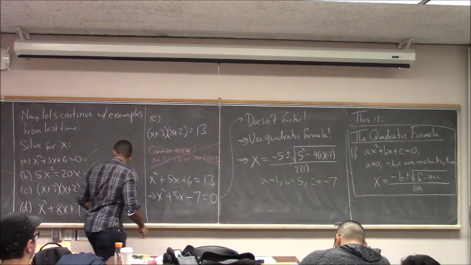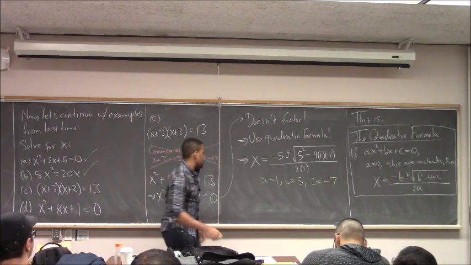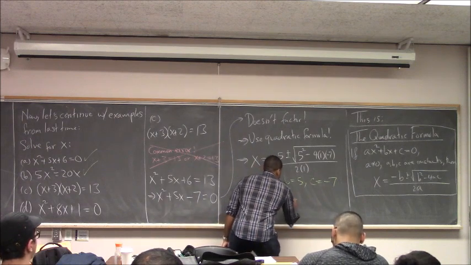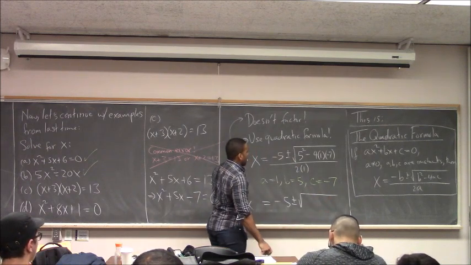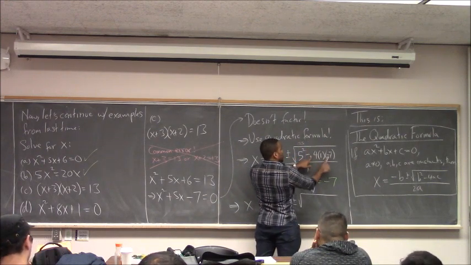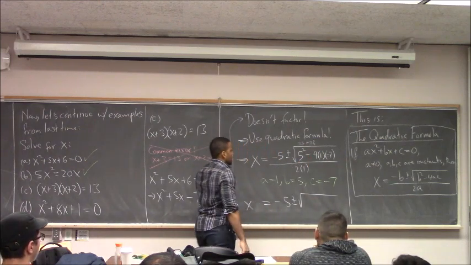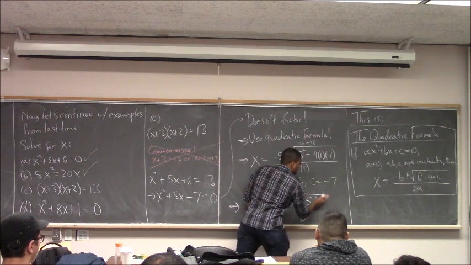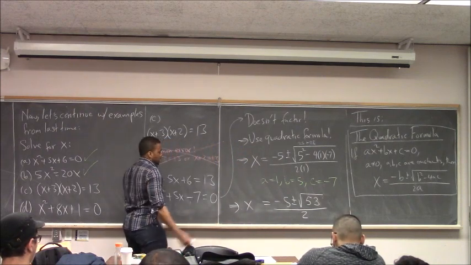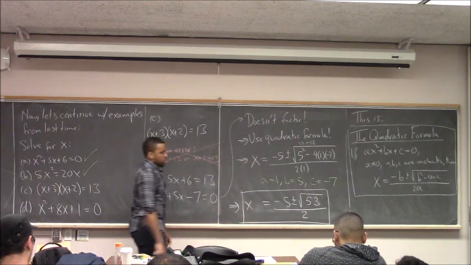This isn't writing properly today for some reason. And then we just simplify this a little bit. It's minus 5 plus or minus the square root of 25 plus 28. Well, two negatives, so that becomes a positive. That's plus 28, which will give you 53, all over 2. And I think it's fine to leave it there. So that would be our x.